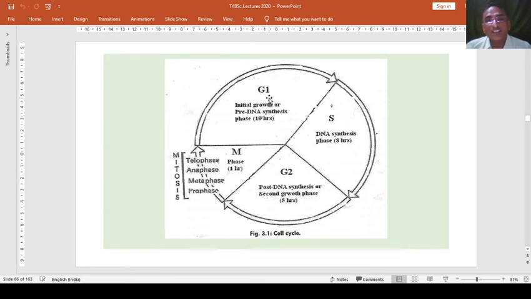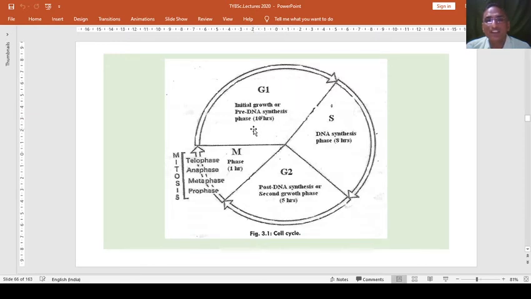So in G1 phase, the initial growth or pre-DNA synthesis occurs. Whatever material is collected there is dividing and growing fast, and the material required for the production of DNA is prepared in this phase.